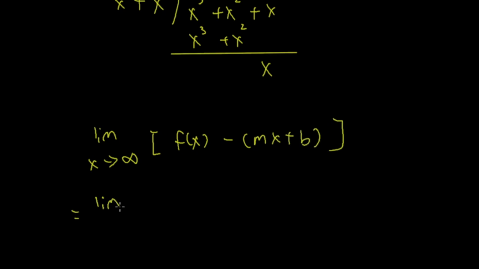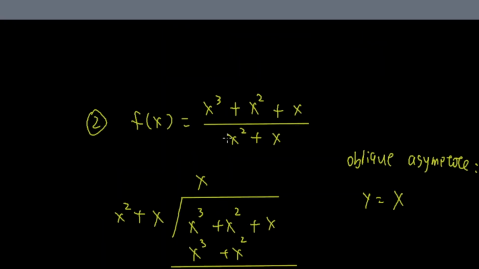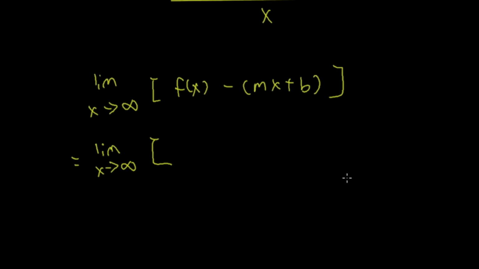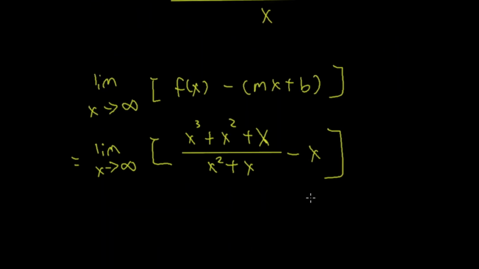That's equal to the limit as x approaches infinity. What's f of x here? This, right? So it is x cubed plus x squared plus x divided by x squared plus x, minus, this is just x, so minus x.